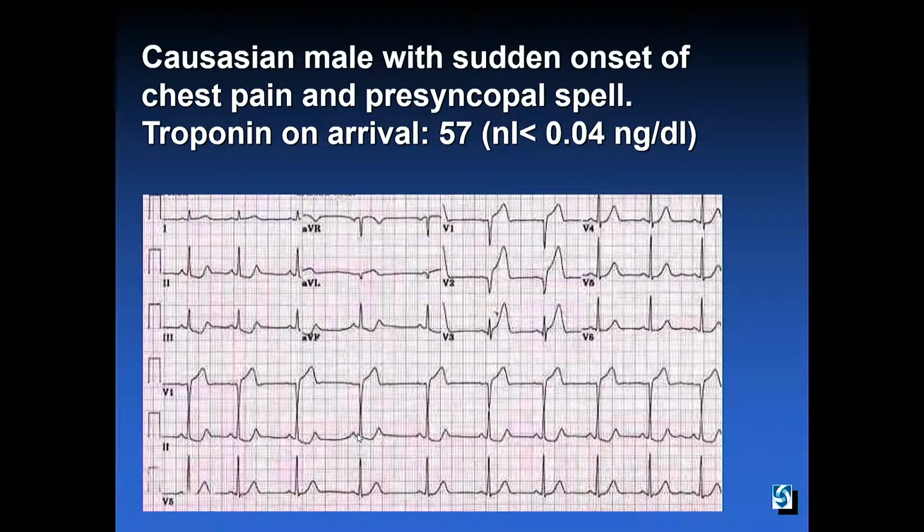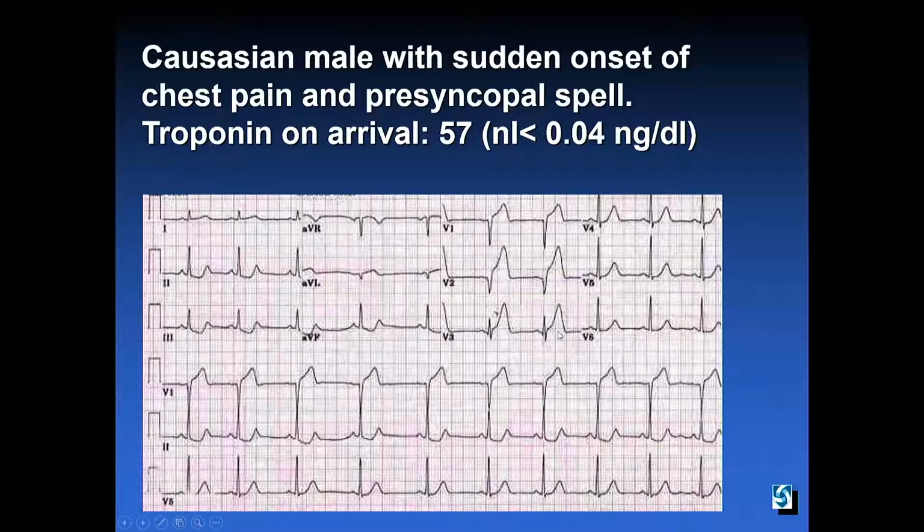This is a patient who I won't tell you more information about before I show you the picture. He presented with sudden onset of chest pain and a pre-syncopal spell and arrived to the ED with a markedly elevated troponin. You can see the EKG is very abnormal.